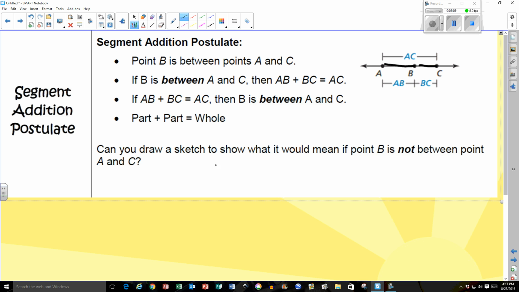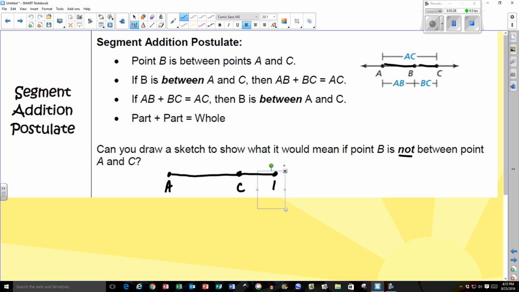So can you draw a sketch to show what it would mean if point B is not between? So if you want one that's not between, so you have points A and C. So here's point A, and here's point C, and point B could be out here because we just simply want one that's not between. So let's get rid of that.